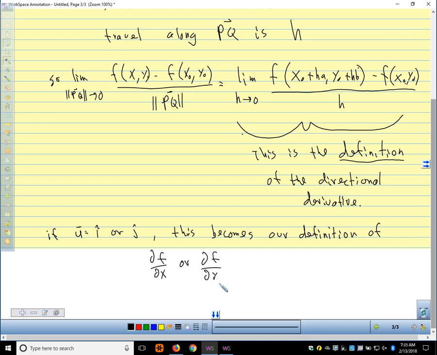So the partial derivatives are a special case of the directional derivative. Partial derivatives we can think of as a directional derivative in the direction of the i hat vector or in the direction of the j hat vector. Well, we have a nicer definition of the directional derivative, something that looks more like what we think of as a derivative, but we still need a way to calculate this.